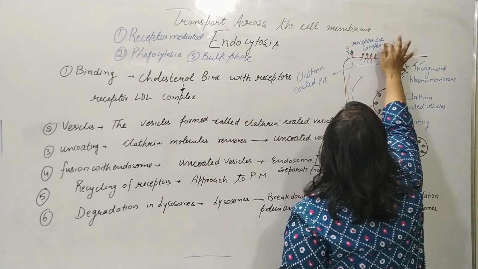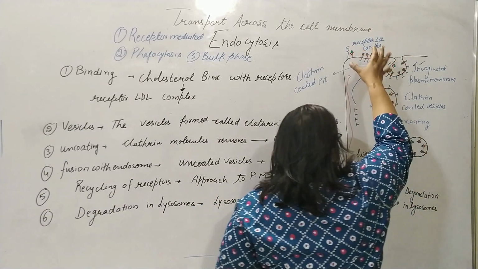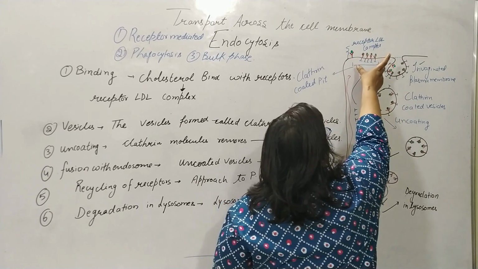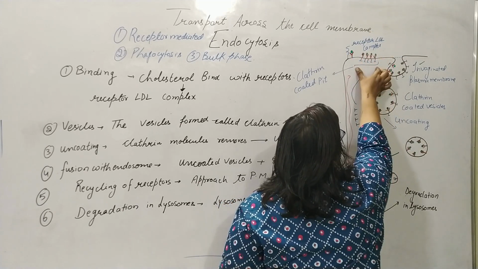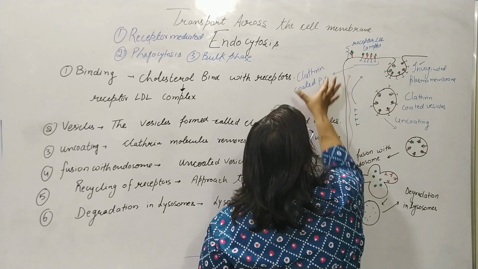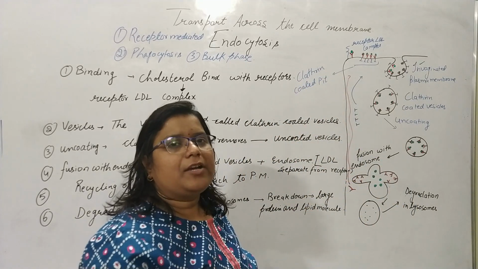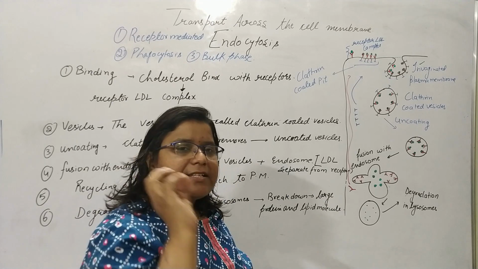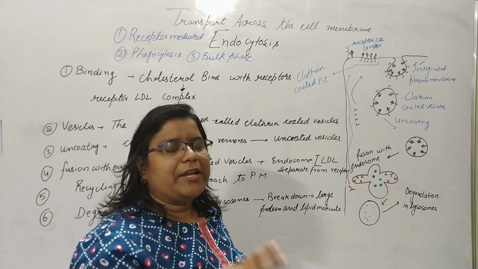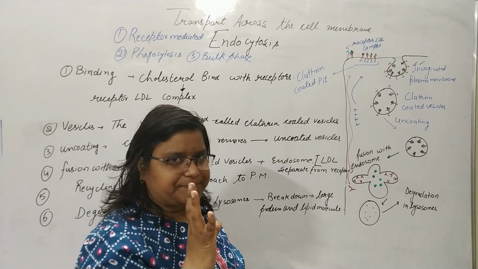This receptor LDL complex binds to a particular site, the clathrin coated pit. What is clathrin? Clathrin is a particular protein, and the receptor LDL complex binds only at the clathrin site.